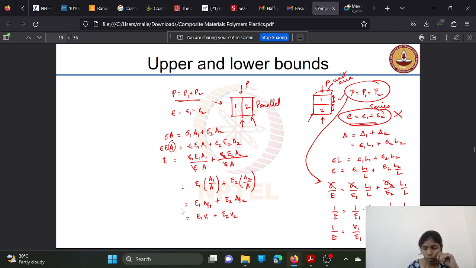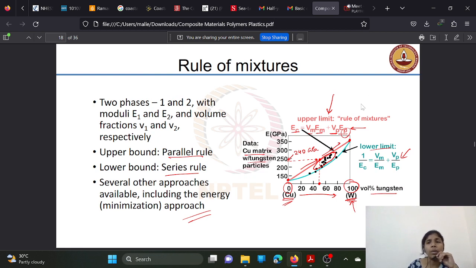That is the upper bound. That's why in the upper bound rule of mixture, the elastic modulus of the composite is equal to Vm Em plus Vp Ep. That means volume multiplied with elastic modulus of the matrix plus volume multiplied with elastic modulus of the particle, like matrix and dispersed phase.